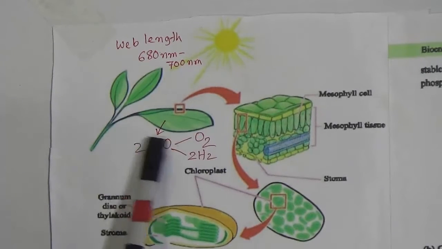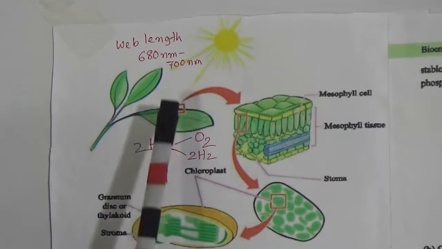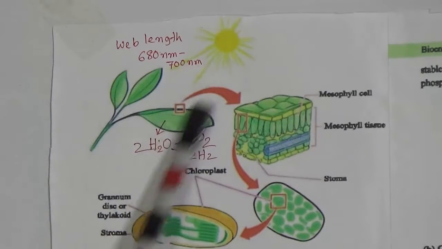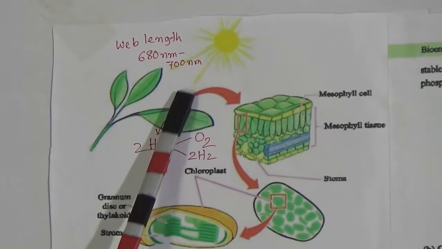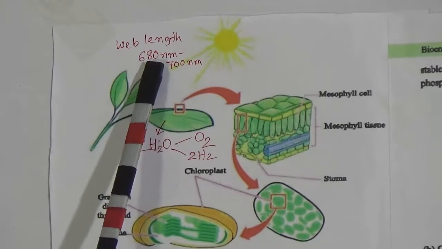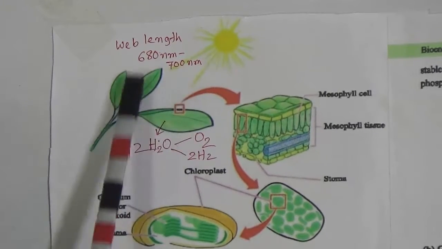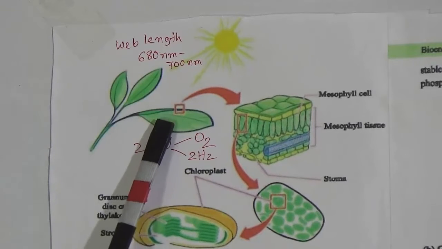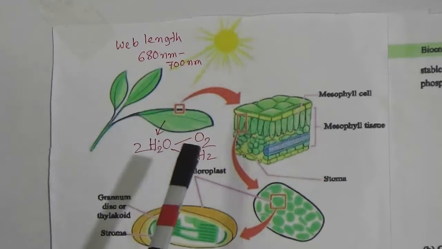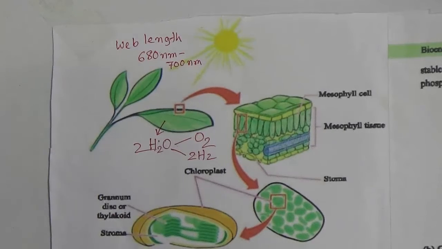These two procedures occur in the light dependent phase, and the wavelength of the sunlight has to be 680 nanometer to 700 nanometer. That means without this wavelength of sunlight the photosynthesis procedure is impossible, and this part we are going to discuss now. Now come to the next page.